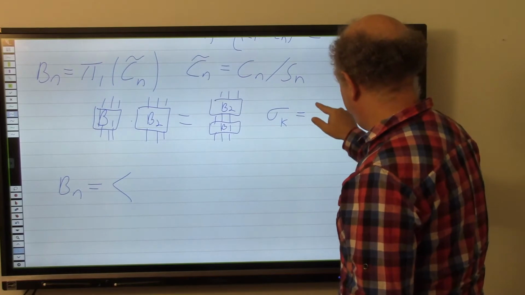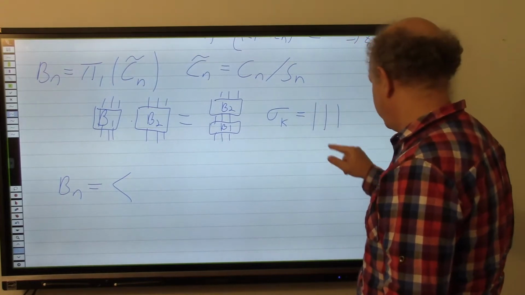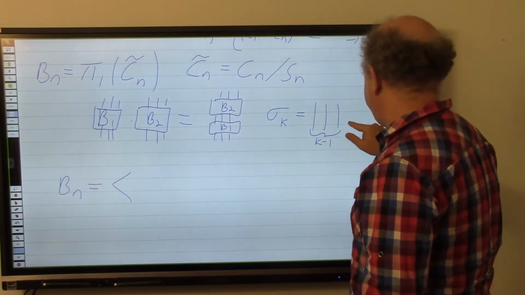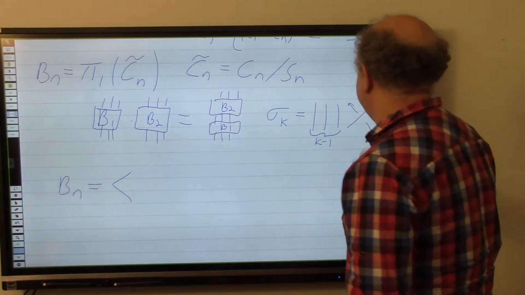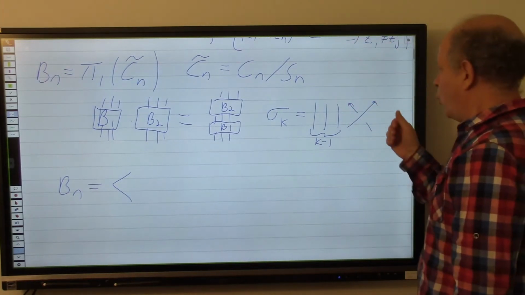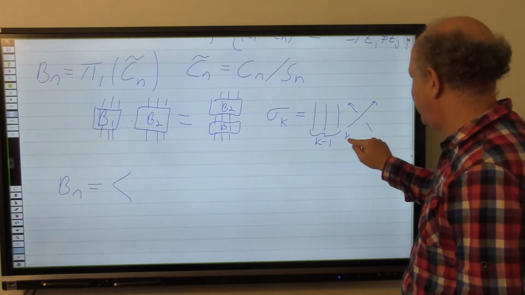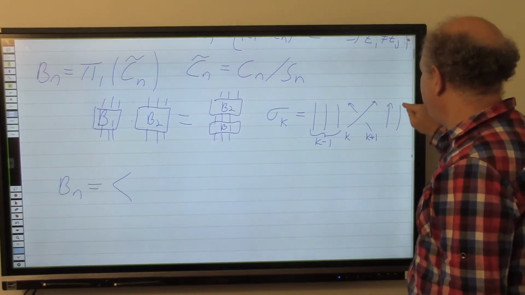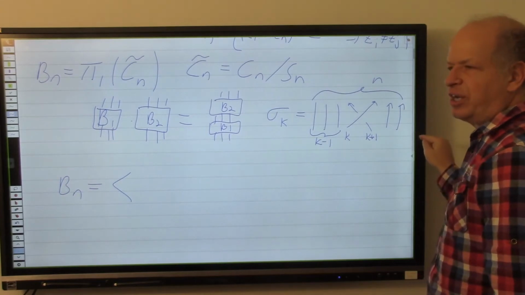You have k minus 1 vertical strands, then two strands that switch positions with a positive crossing in between them. So this is strand k and strand k plus 1. And then you complete it to n strands by adding additional straight lines.